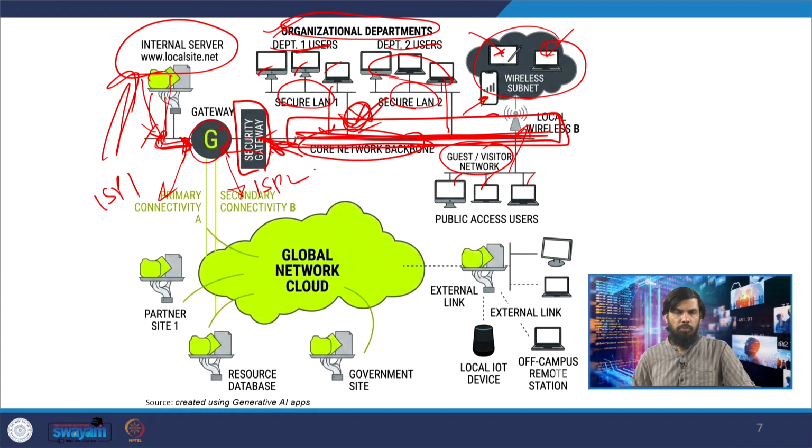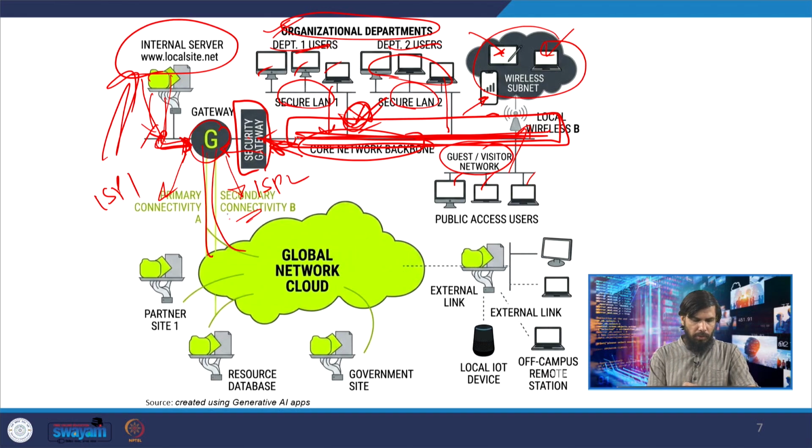In case ISP 1 is facing technical issues in their network, the organization should not lose access to the internet, and therefore the secondary connectivity can ensure that they are still able to connect to the network and operate, right.